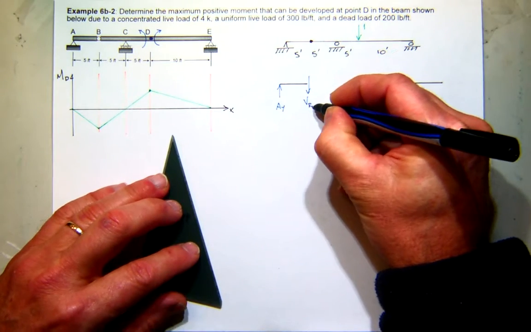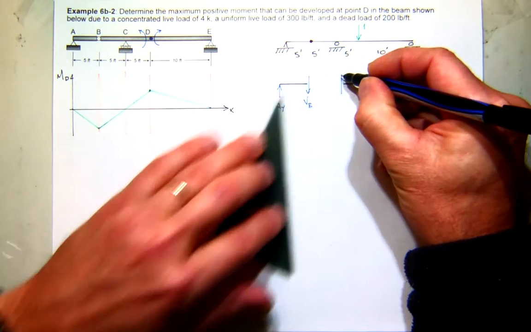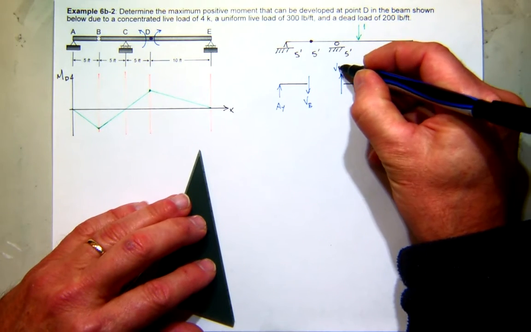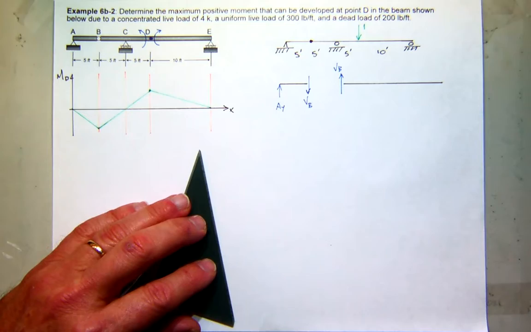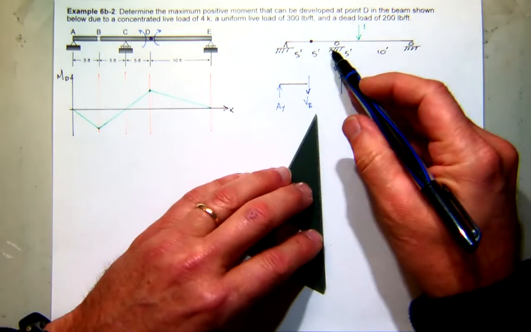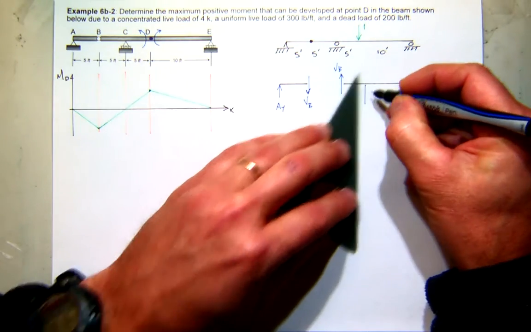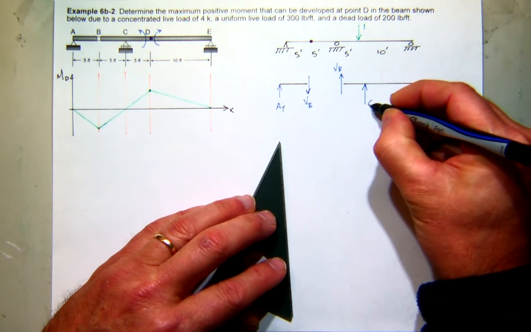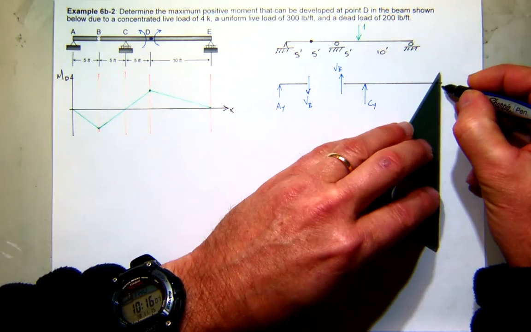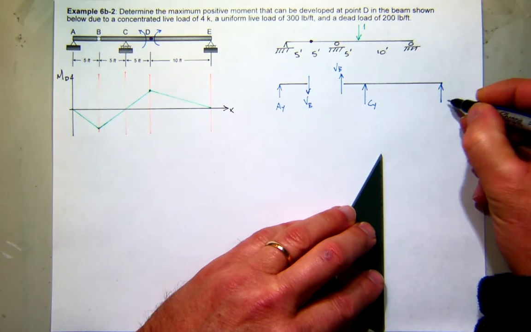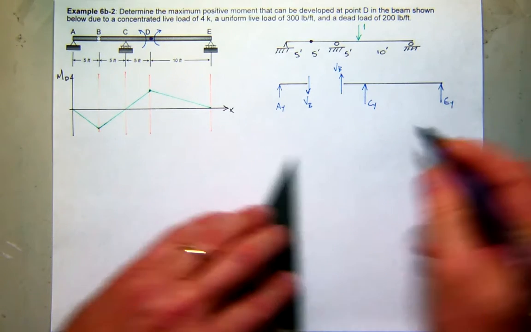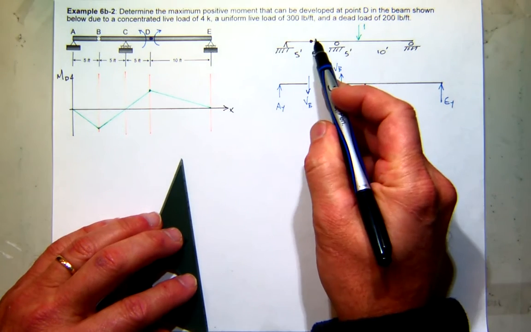That would be the shear at B. And of course, equal and opposite would be the shear at B on the other side. Then I would have my reaction at C, and then my reaction at EY. So that's the same structure. I've just broken it apart here at the hinge.